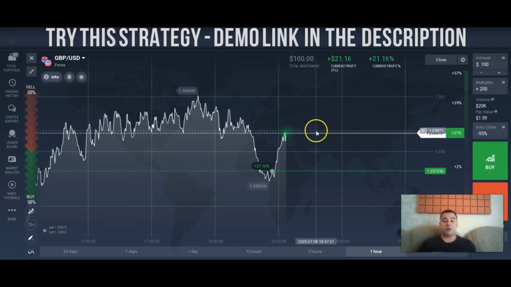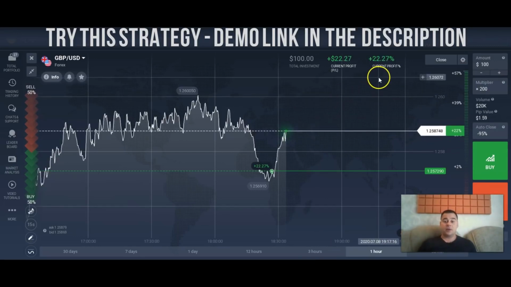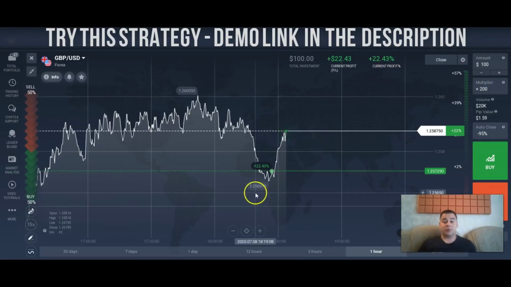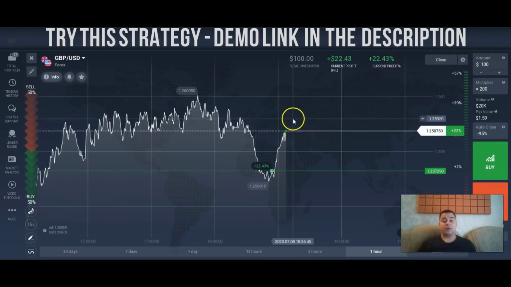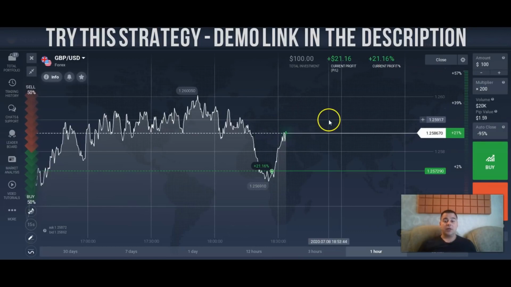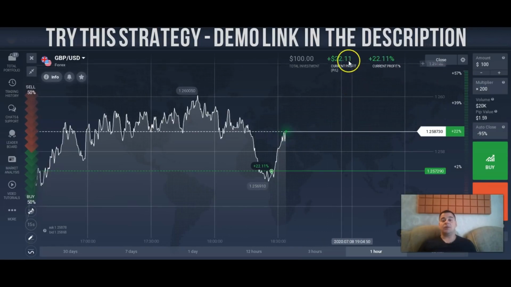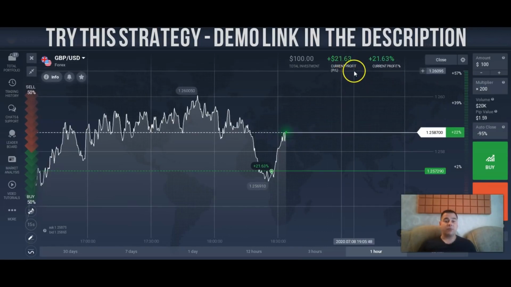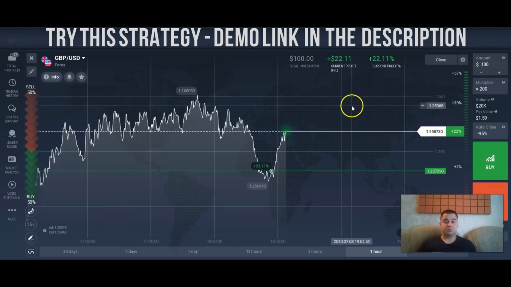So while you're staying on the platform, you're able to make money. Like here we can see 22%, 23%. We can wait until the price goes higher, or 22% from one deal is pretty nice.